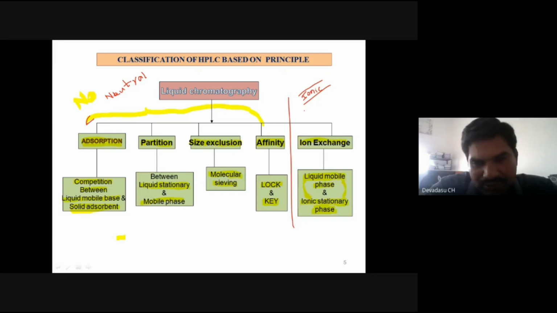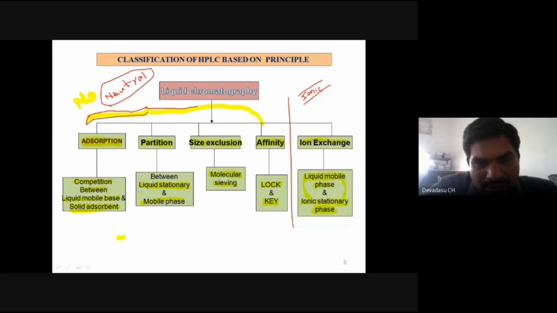If the mixture contains neutral molecules, you can choose either adsorption or partition or size exclusion or affinity. Okay. In this broad area, these are the separation techniques which are available for neutral molecule separation. Again, we have to think of what is the right method to choose for a particular type of molecule.